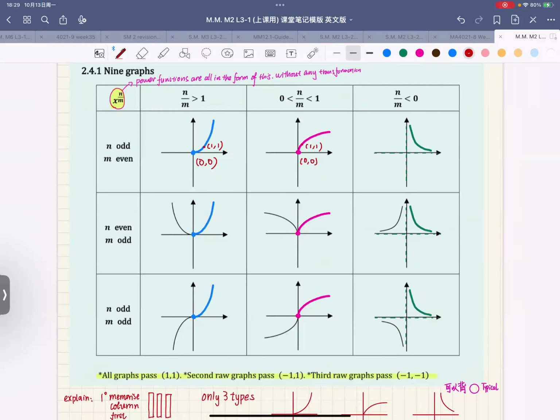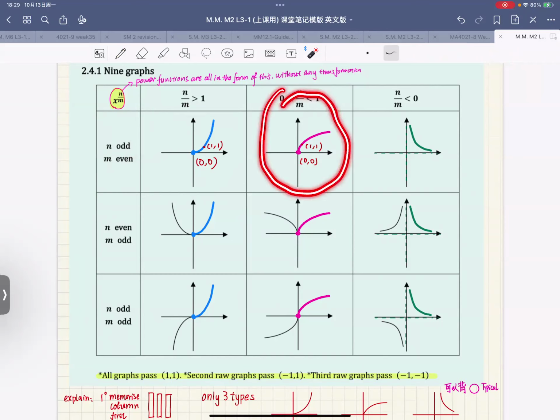If n over m is more than 1, and n is an odd number, m is an even number, you will have a graph like this. If n is an odd number, m is an even number, but n over m is between 0 and 1, you will have a graph like this.